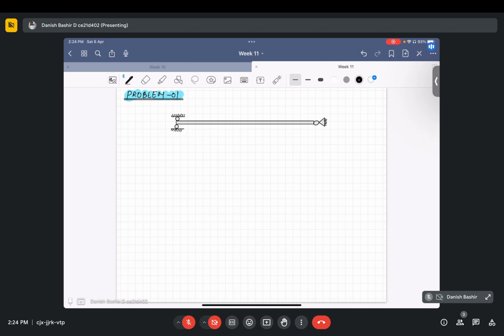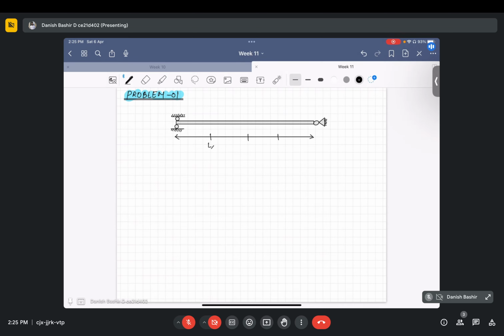Then we have to use four elements. The total length of the column is L. This is one, this is two, this is three, and this is four.